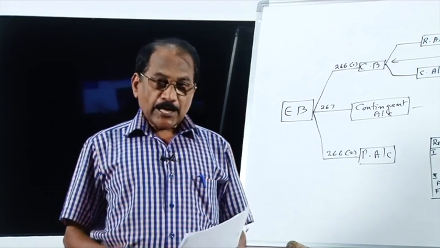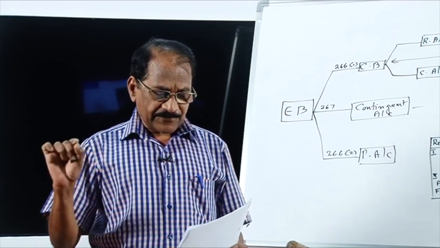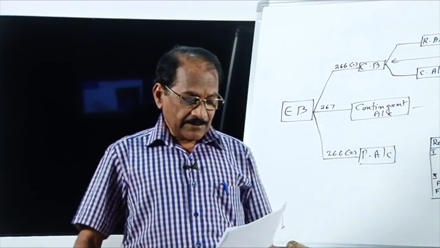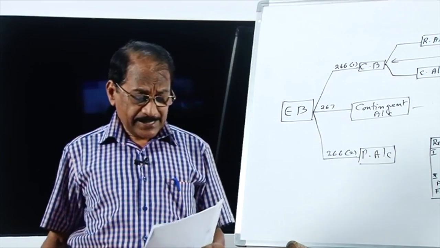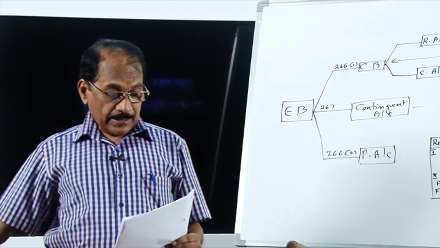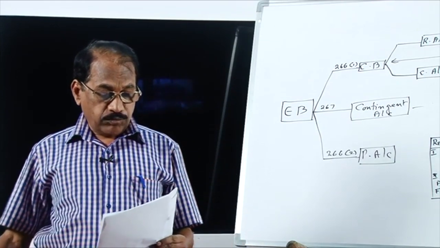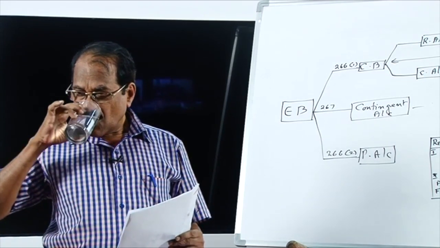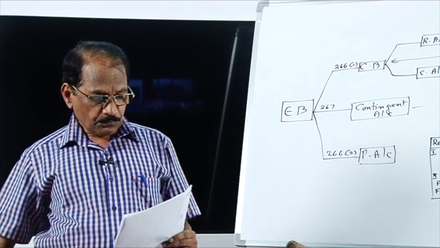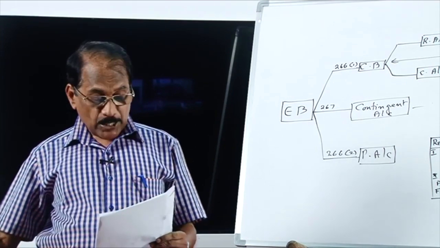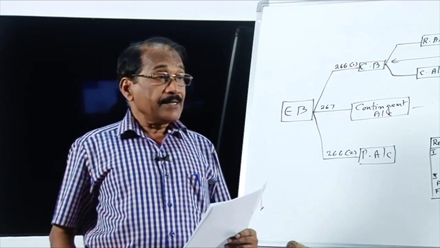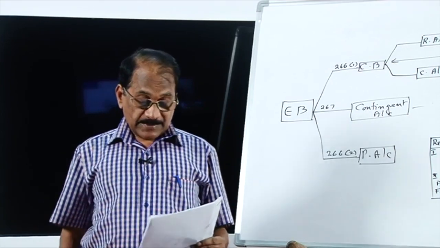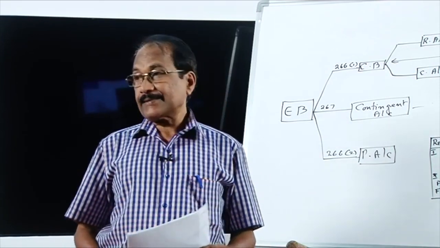Number 2: loans received from the foreign government. Number 3: loans and advances granted to states and union territories.